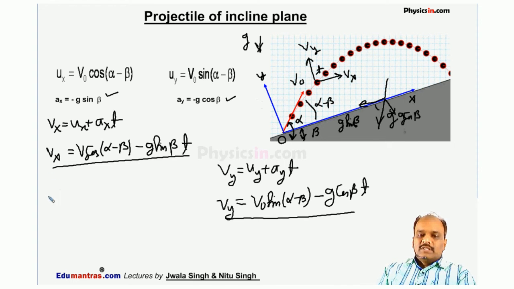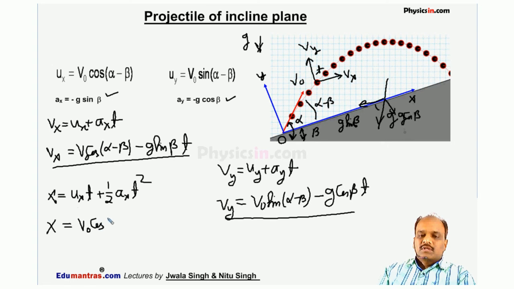In the same way, we can write the displacement. The displacement along the x-axis is x equals ux into t plus 1/2 ax into t squared. So the x coordinate is v naught cos (alpha minus beta) into t minus 1/2 g sin beta into t squared.